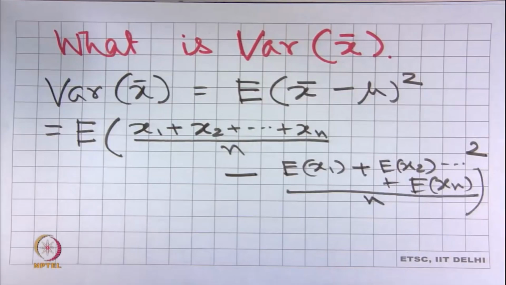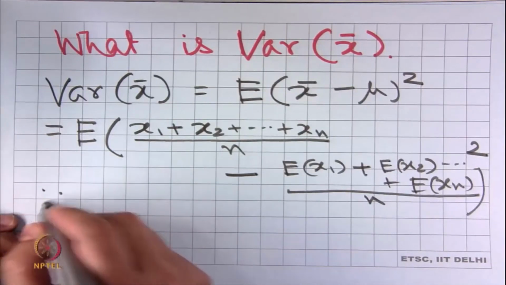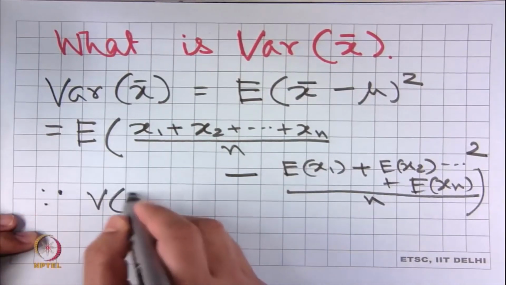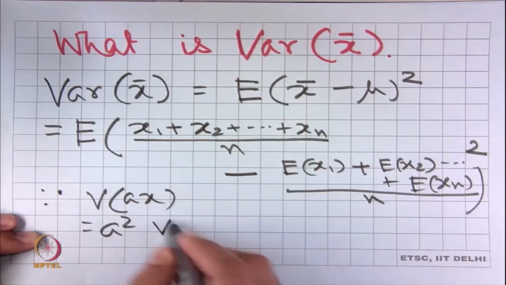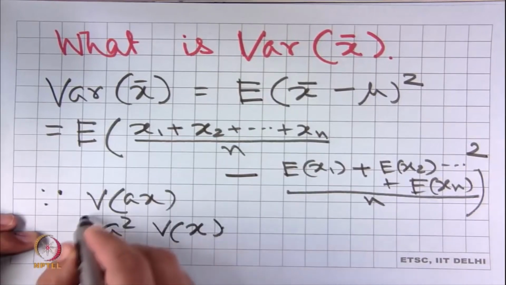We know that variance of a x is equal to a square times variance of x.